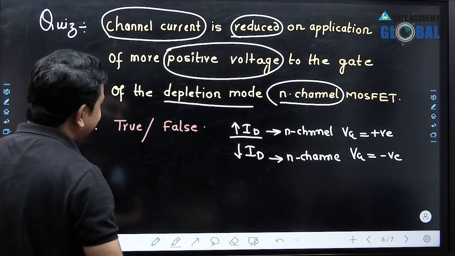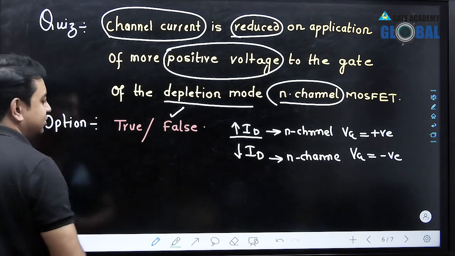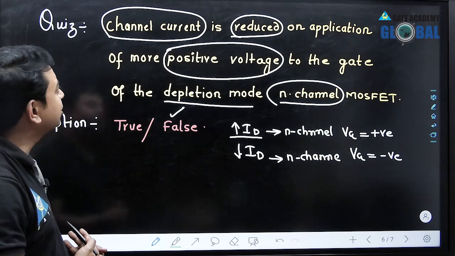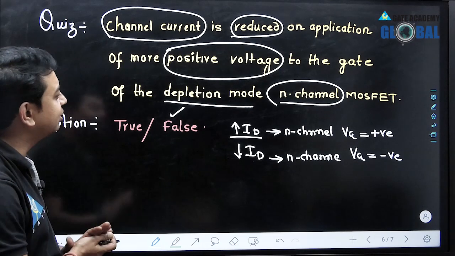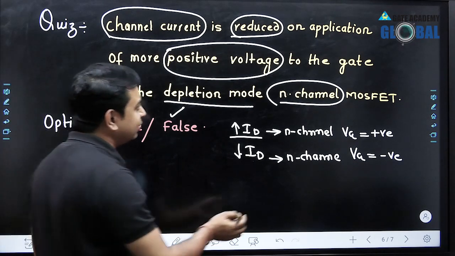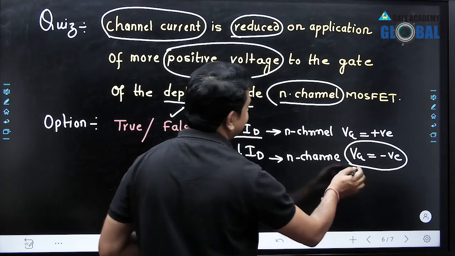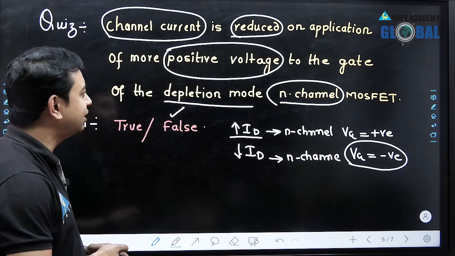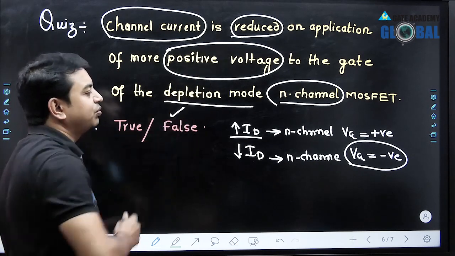Then I can say that this statement is false. Why is this statement false? Because if you want to reduce the current, you must apply a negative voltage at the gate terminal. And if you apply a positive voltage at the gate terminal, this will not reduce the magnitude of current.